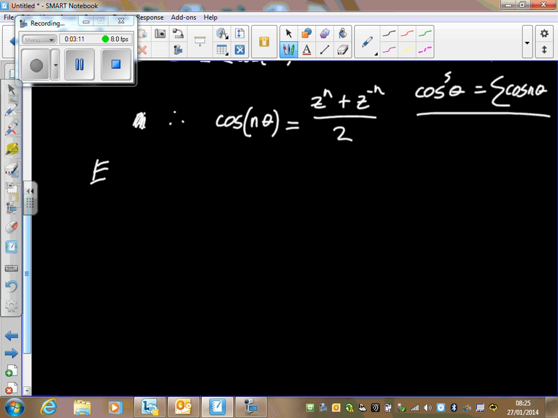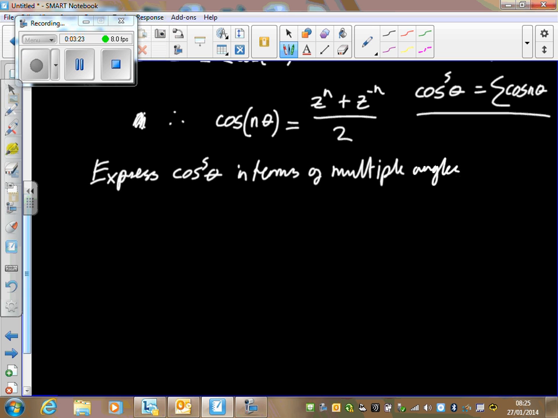What we're going to do is express cos to the power of 5 theta in terms of multiple angles. Now the key here, always start off with Z equals cos theta plus J sine theta. It's kind of a standard thing to do in any of these complex number problems.